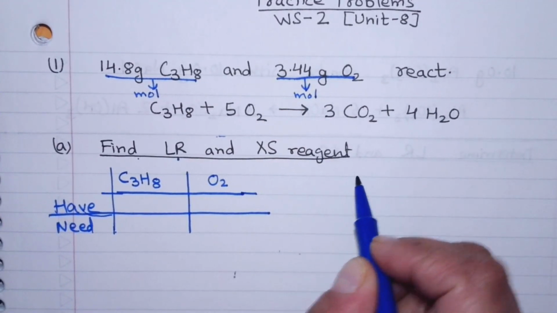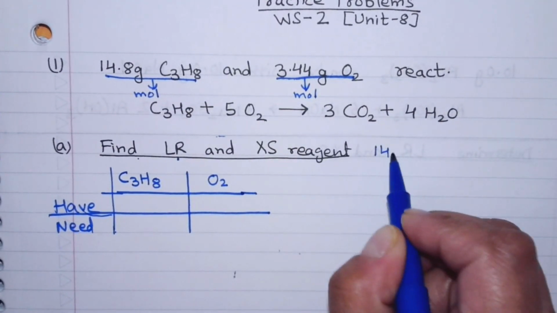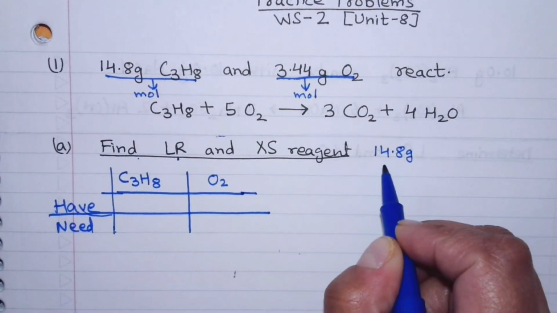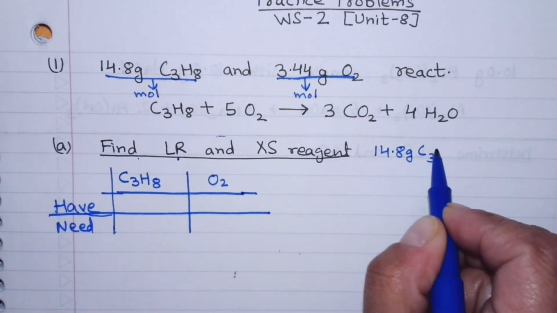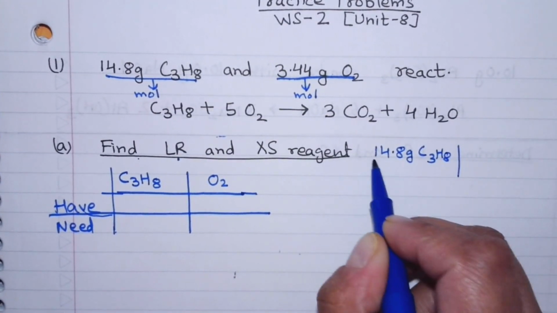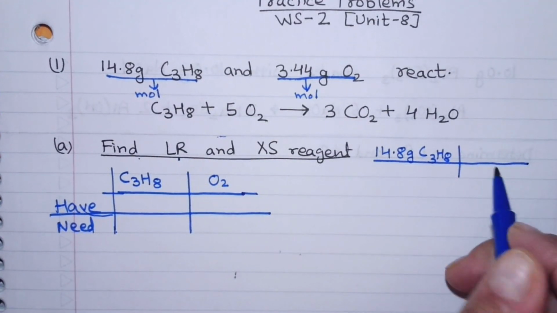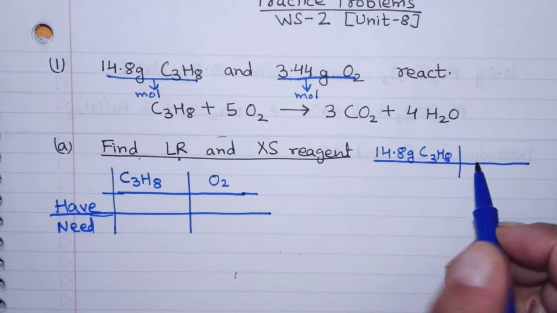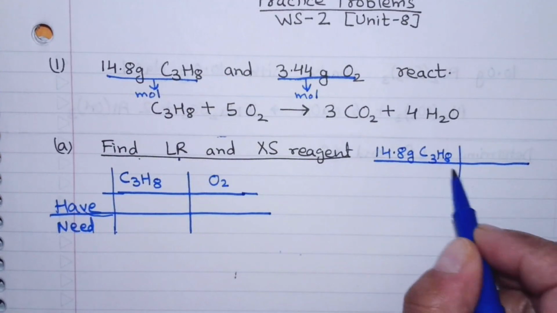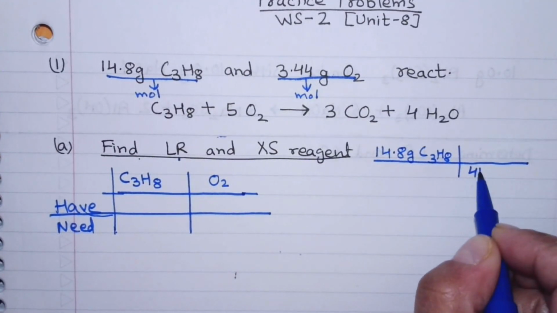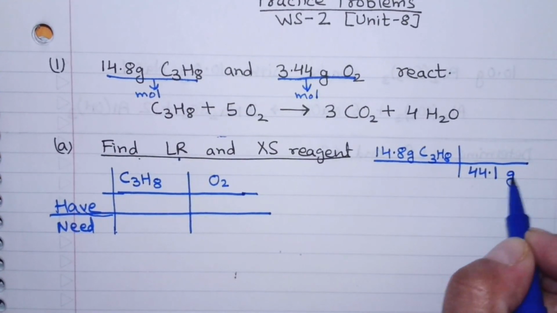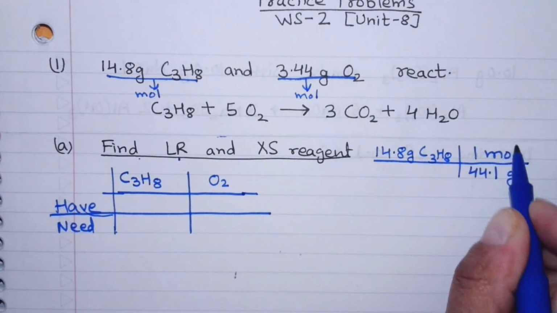So you start with 14.8 grams of C3H8 and convert that into moles. I already calculated the molar mass of C3H8, which is 44.1 grams, and this is equal to 1 mole.